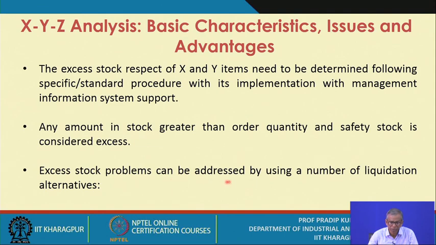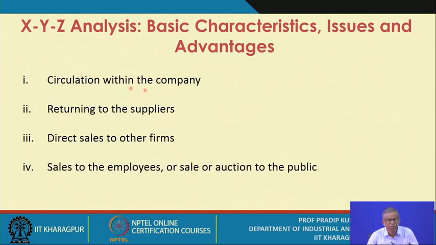Excess stock problems can be addressed by using a number of liquidation alternatives. So these are the possible liquidation alternatives, that is, how to dispose of this excess stock: circulation within the company, returning to the suppliers if this is feasible, direct sales to other firms if you check for its feasibility, sales to the employees, or sale or auction to the public.